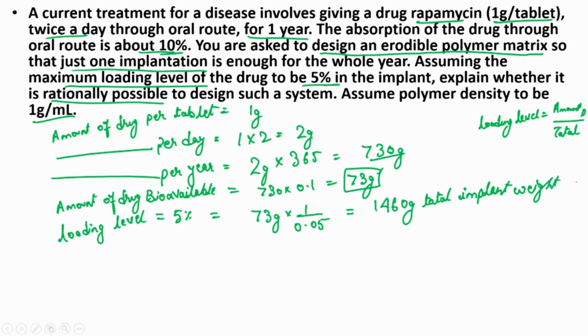Now, we are saying we can assume the polymer density to be about 1 gram per ml. So, this will basically mean 1460 ml total implant volume.